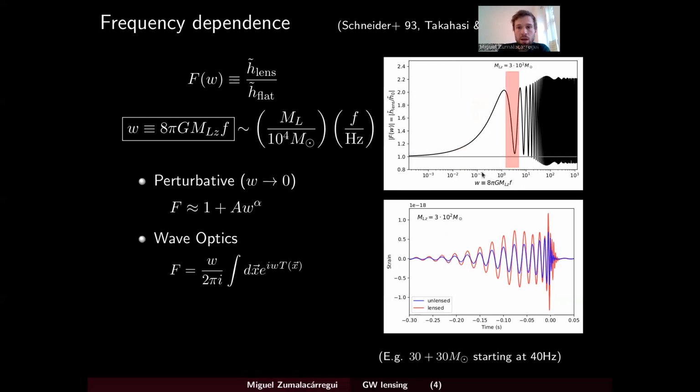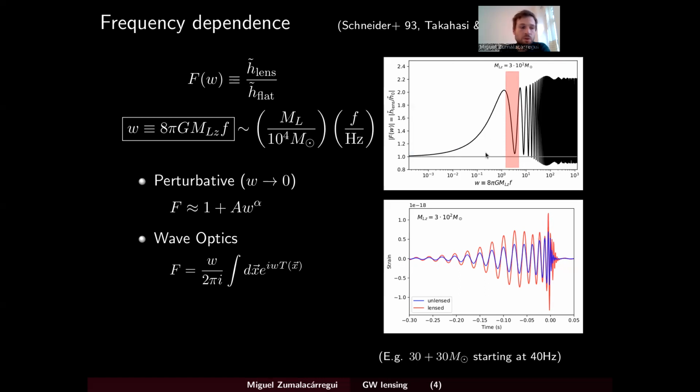Now, if we go to the intermediate regime, this would be for a lens with 300 solar masses, we're in this wave optics range in which it's really complicated. We need to solve a very complicated integral, and the results can really depend on the exact range of frequencies. For this particular case, we have a wave whose amplitude is modulated: it becomes higher, then lower, then higher at the merger.